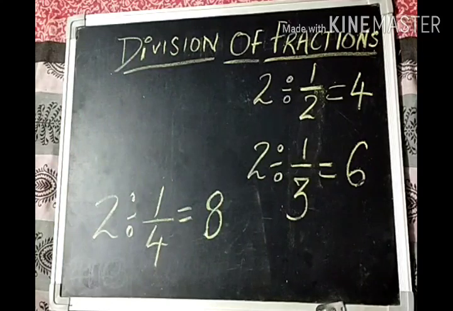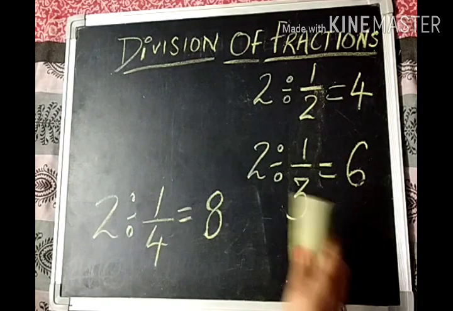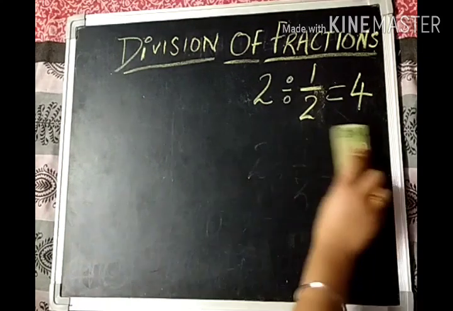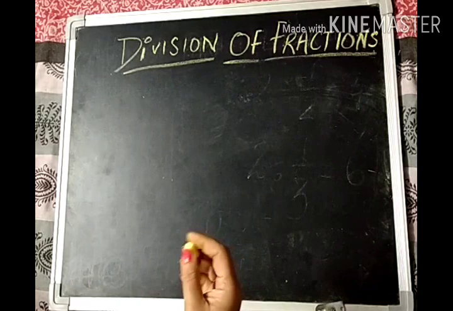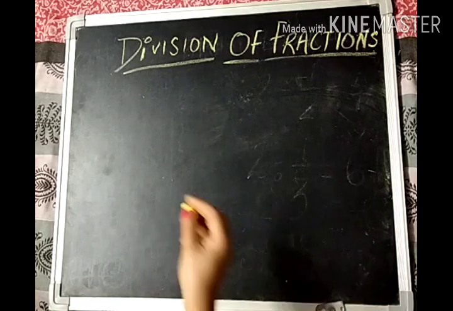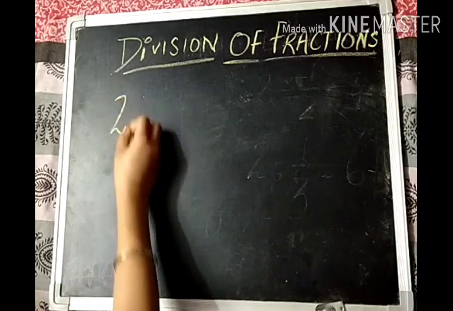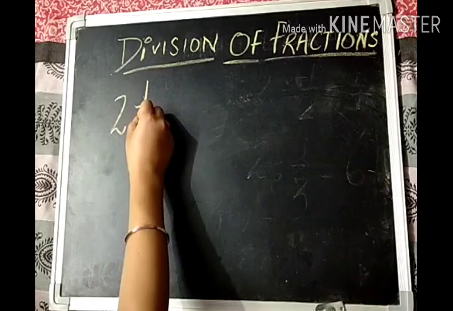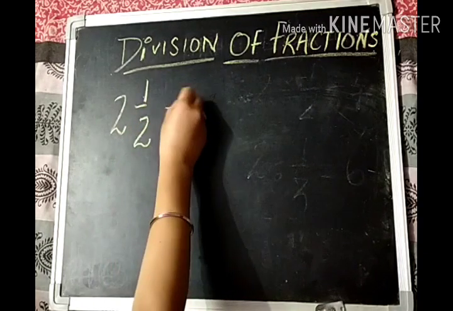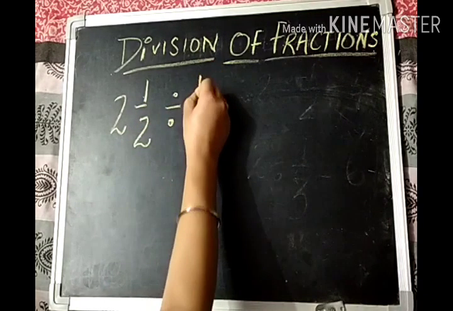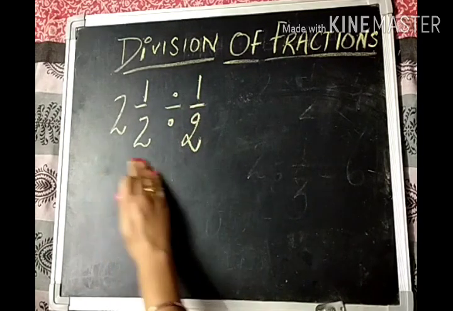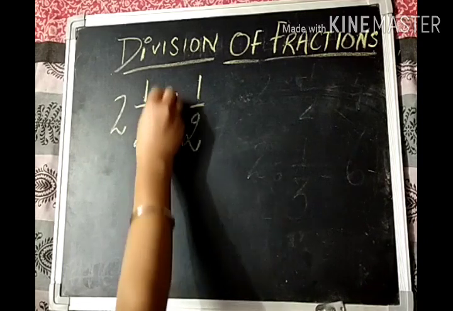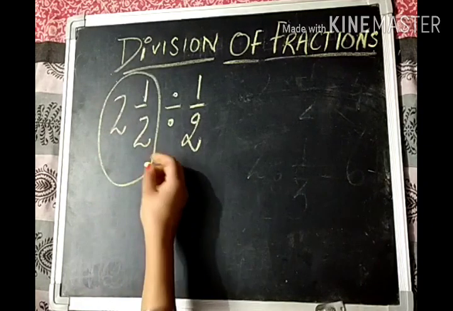So this is the visualization for taking out 1/4. Now suppose we have 2½ chocolates and we have to take out half. How many halves can we take out from 2 full and half chocolates?